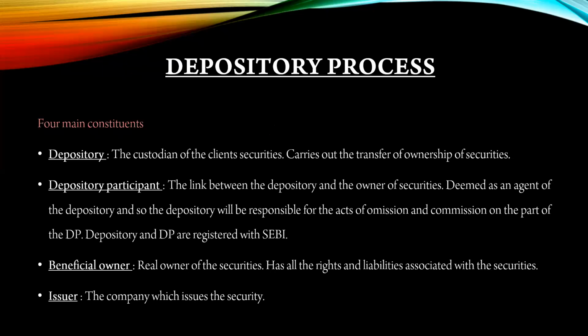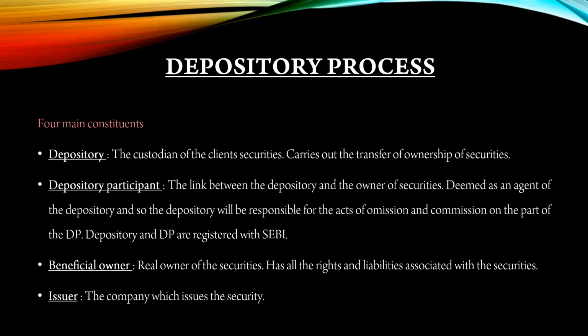Now, what is a depository process? We need to be familiar with four constituents, okay? The first one is the depository. The depository is the person who holds the securities of the client or the investor. Now, if the investor wishes to keep their securities with the depository, they cannot directly approach the depository.